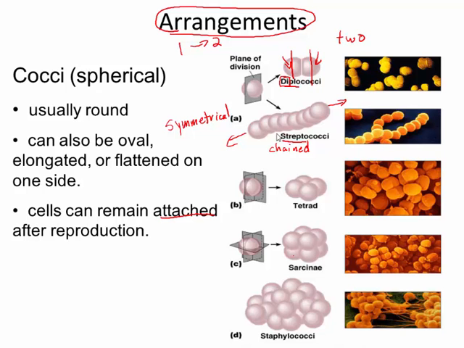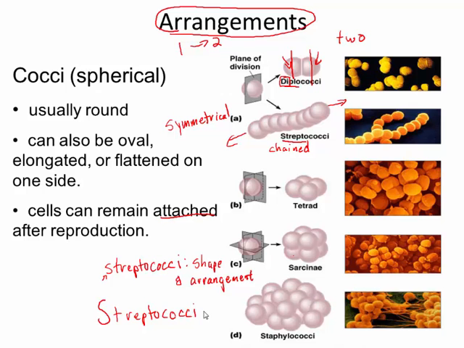Now, I want to pay special attention here. I want to point something out. When I write streptococci with a lowercase s, that describes shape and arrangement. However, this semester you're also going to see uppercase S, Streptococci.